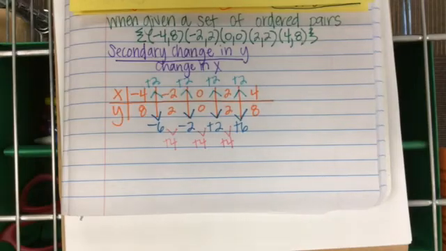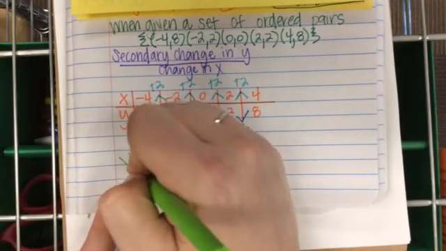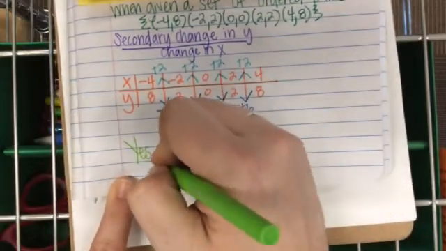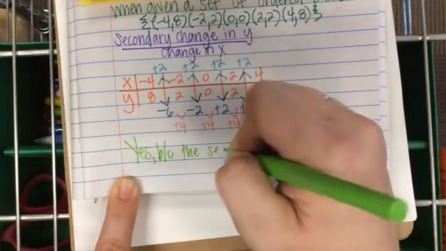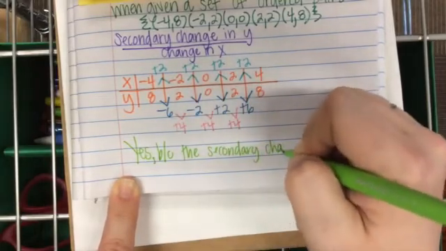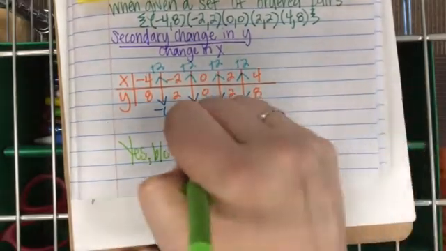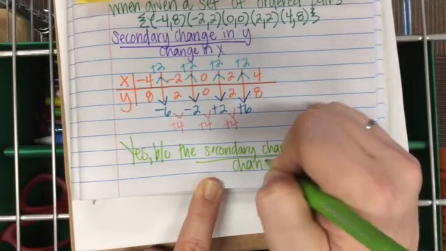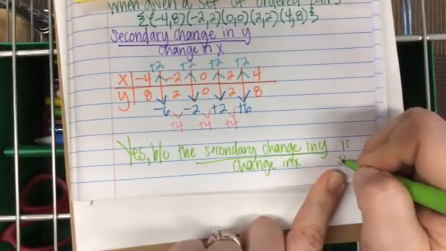The change in x is the first change in x. So is this quadratic? Yes. Why? Because the secondary change in y over the change in x is constant.